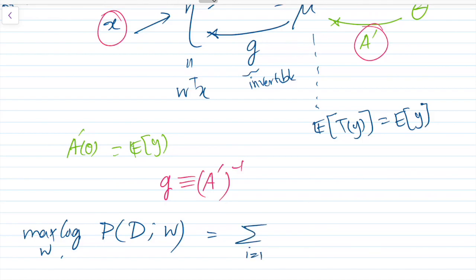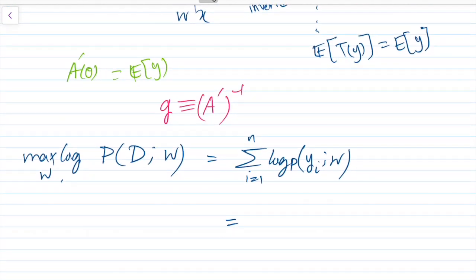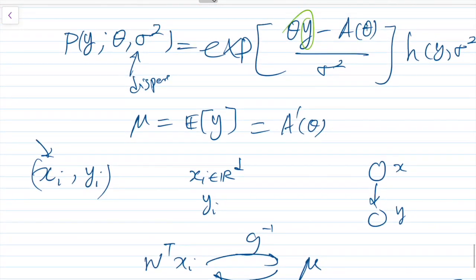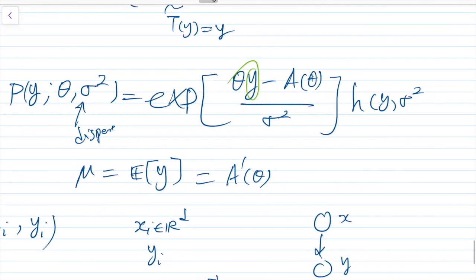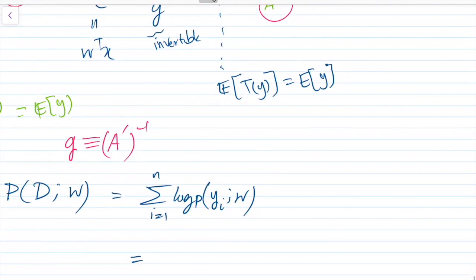As usual, I can write it as the log. The random variable that I have is yi given W. Remember that if I take the log of this, x goes away, and we have only sigma. Let's assume for now that sigma is known, so sigma goes out.